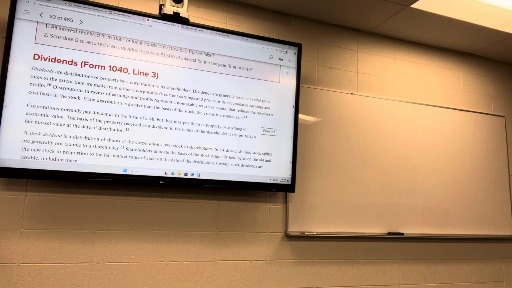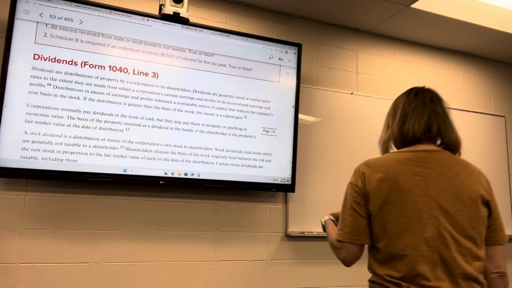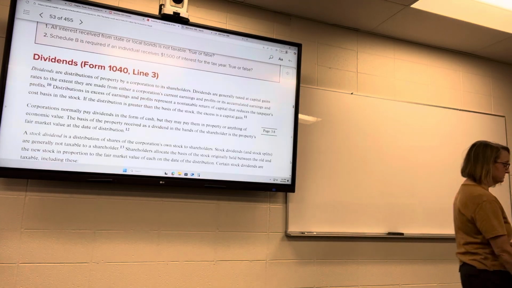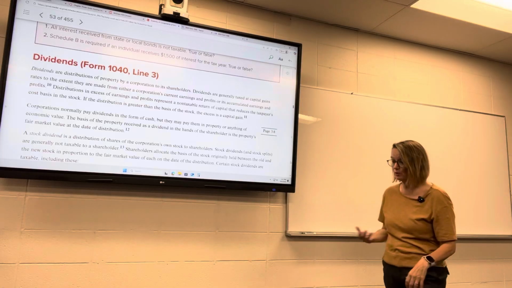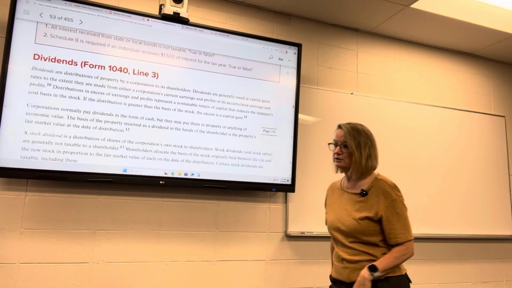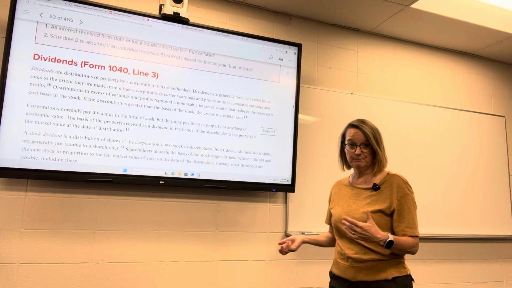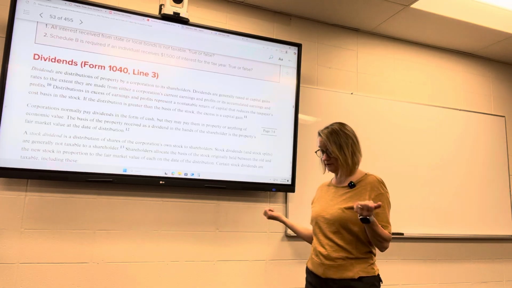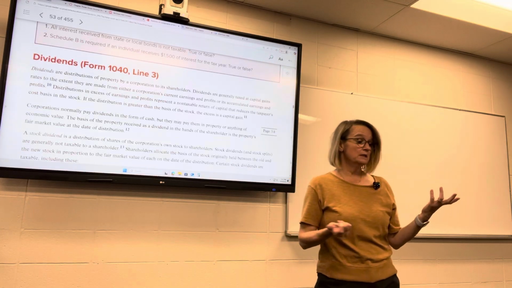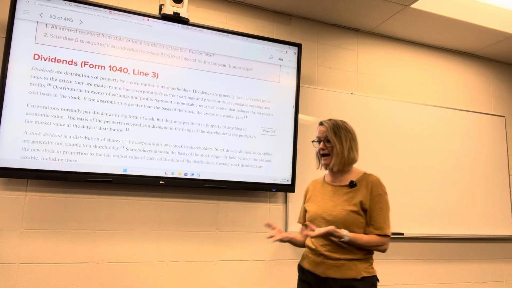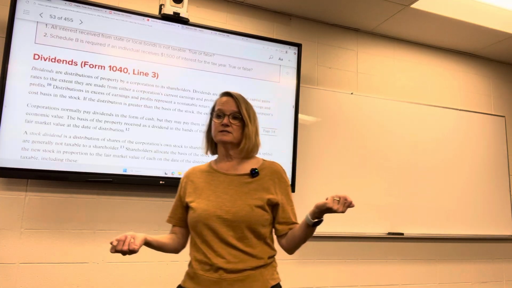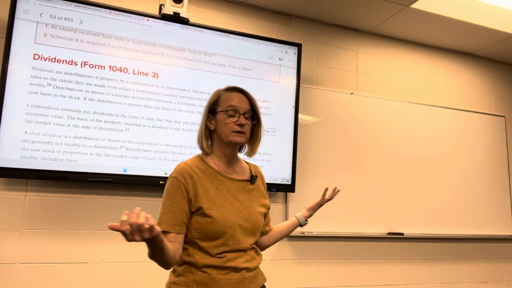Okay, so we're all hopefully familiar with what dividends are. They come from corporations. They could be S corporations or C corporations, but they're amounts that are coming out of retained earnings from companies. So the company, through the goodness of their heart, have decided to pay out to their shareholders some of the cash that they've earned during the year.